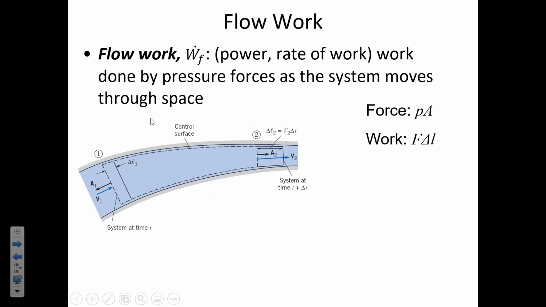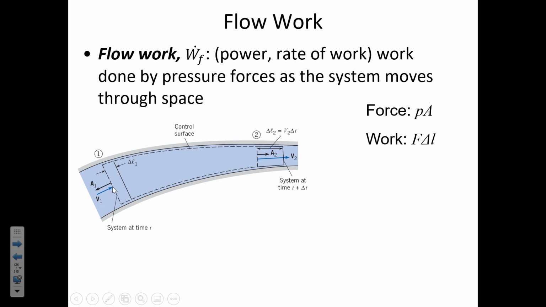And so here, what this diagram is just showing is that when water moves from one location at time t to a different location at time t plus delta t, so you can see this is shifted towards the right, what caused the water to move was that work was applied through the pressure forces upstream versus downstream. And so there's more pressure upstream than there is downstream, and the force that's acting on the fluid would be the pressure multiplied by the area.